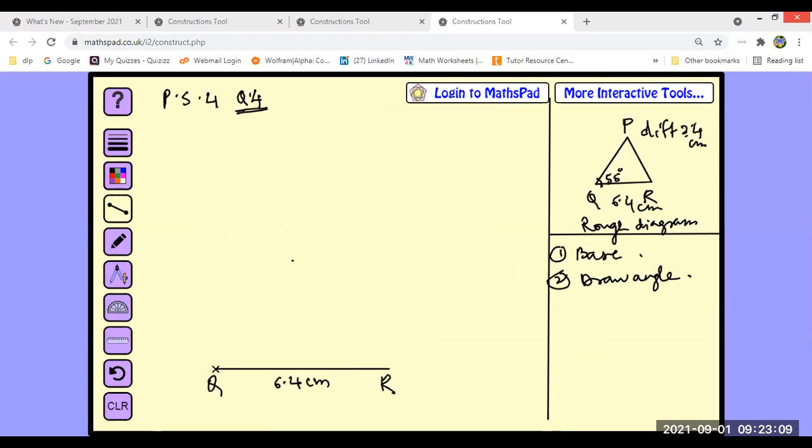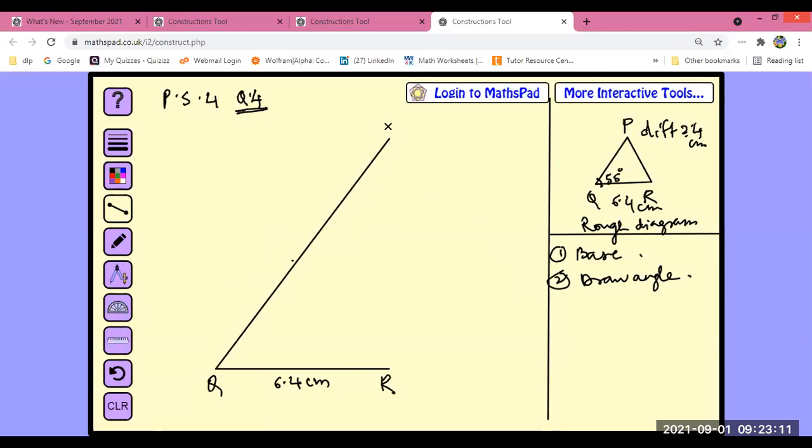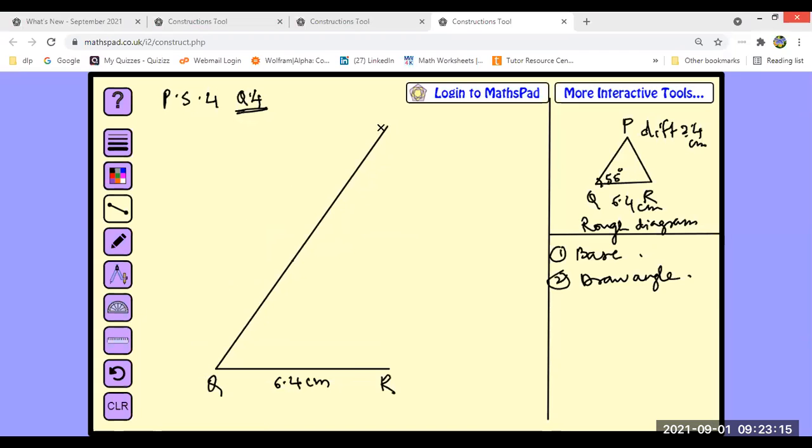Okay, so join point Q to this point and we extend it up, and we mark it here. This is 55 degrees.